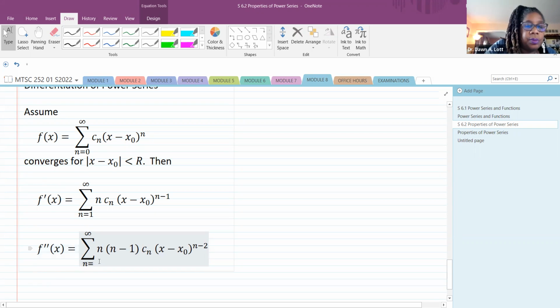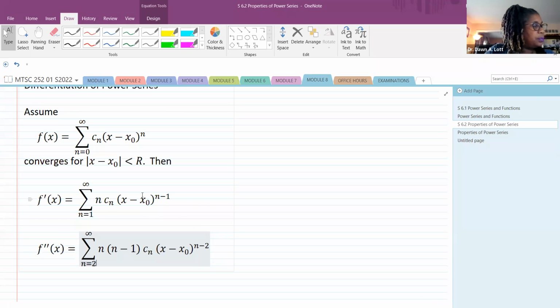When you take the derivative of x minus x naught to the n, the n comes down and you get x minus x naught to the n minus 1. Then when you take the derivative of that, you already have n. The n minus 1 comes down and you get x minus x naught to the n minus 2. And so that is how you differentiate a power series. Okay, so here's an example.